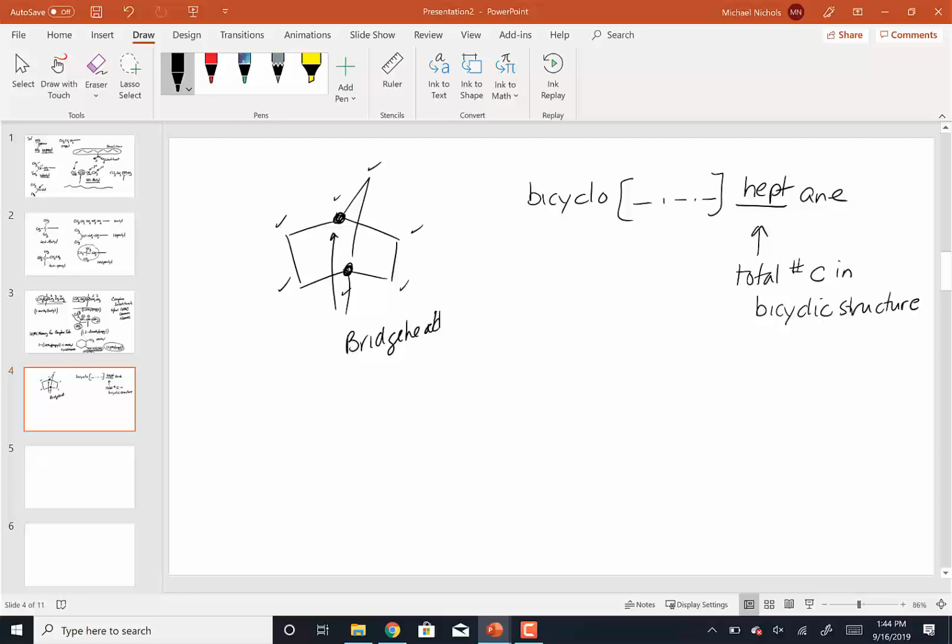So those are the bridgehead carbons. And if you have 2 bridgehead carbons, I can kind of think about this as, let's say I put a shaft there, and what I have are like 3 what I call propeller blades. So I have a propeller blade here in yellow.